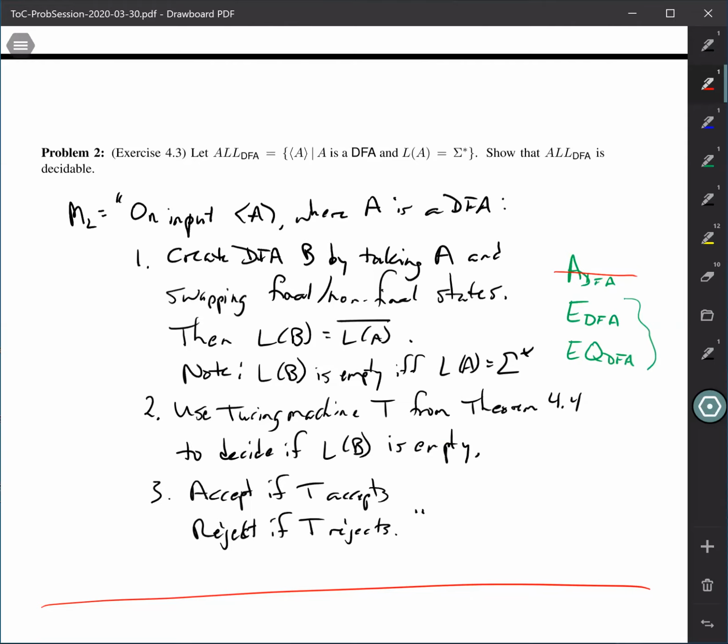If you know those and you remember all the conversions we could do from chapter 1, NFA to DFA, regular expression to NFA, then it's just a matter of putting the puzzle pieces together in the right order. But you have to be comfortable enough with all of the things that are defined in section 4.1 so that you know how to put the pieces together.